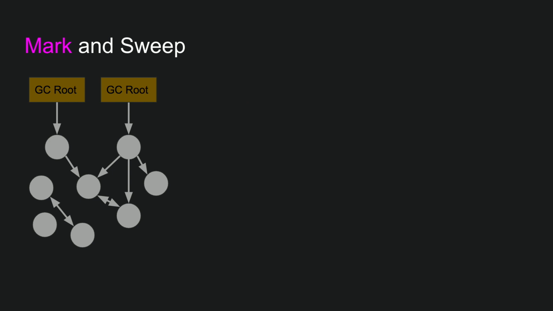And the algorithm that Android uses for garbage collection is called mark and sweep. So this diagram is showing us a graph of our objects. Certain objects are going to be labeled as garbage collection roots. So in order to determine whether an object is connected to the system, we're going to start by traversing the tree of all objects starting at the garbage collection root.